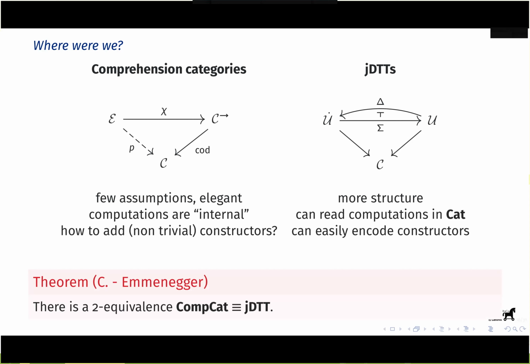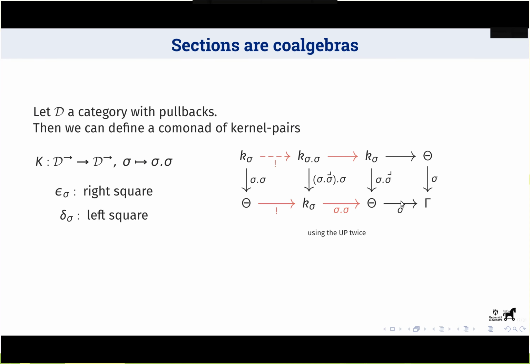So if we have a category D with pullbacks, then we can define a comonad of kernel pairs using the universal property and iterating the pullback.